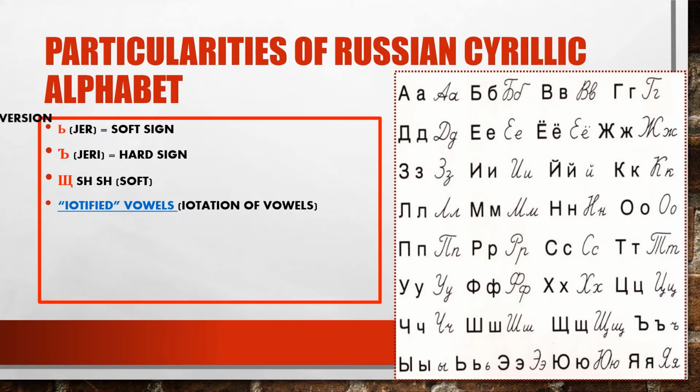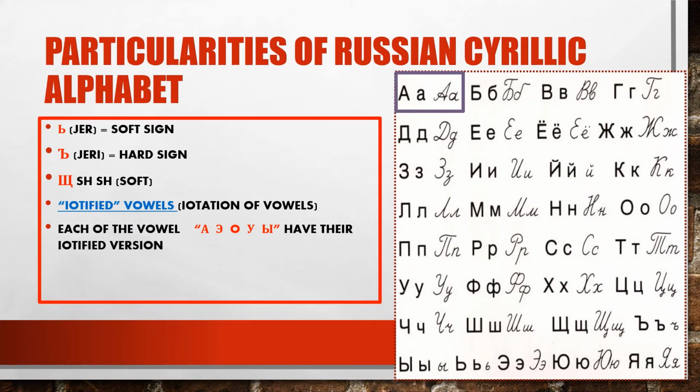We have the regular vowels that we are familiar with, A, E, O, U, I, which is a hard E, and all of these vowels have their iotified versions. So A comes as a pair with Ya. E comes as a pair with Ye.